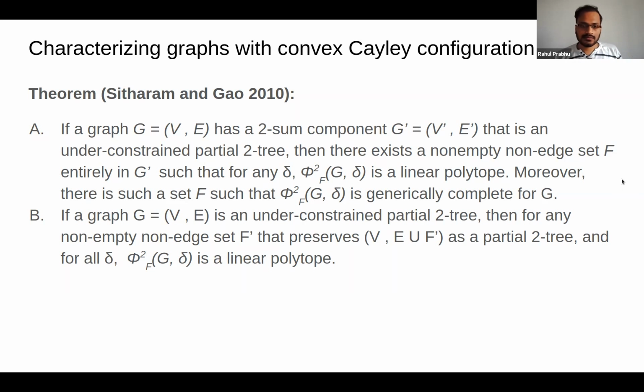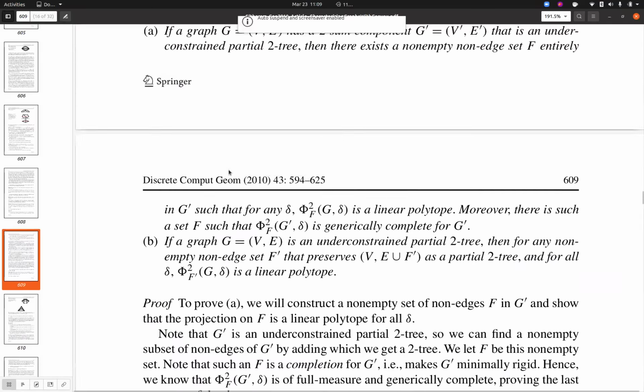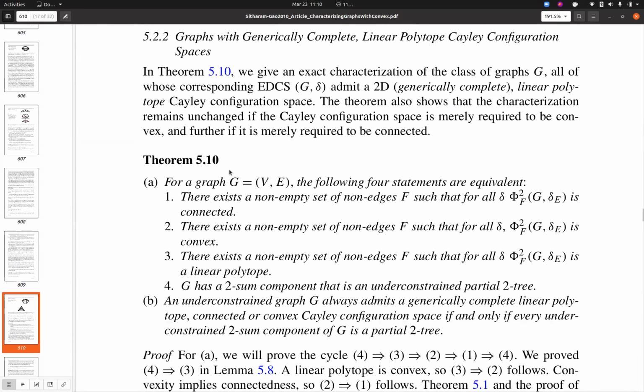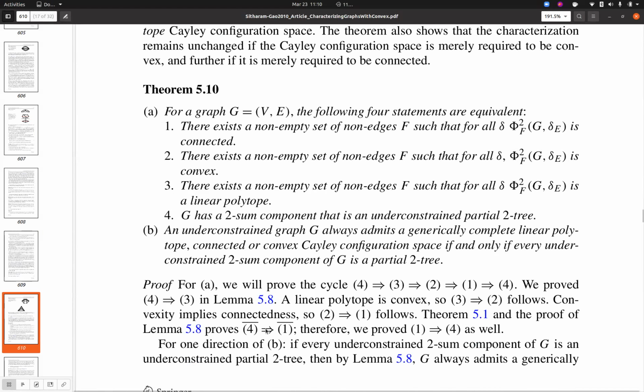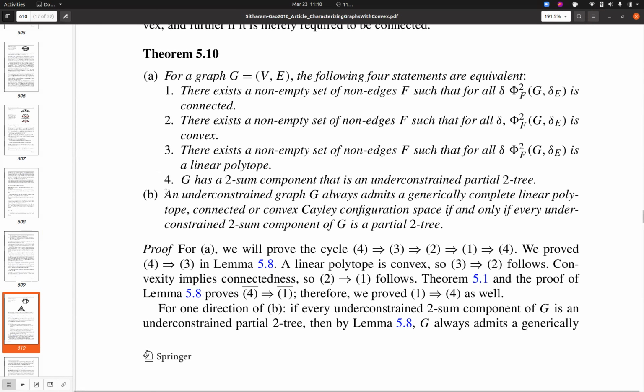Which one? I think it was theorem 5.10 in the paper. These are all ways of proving that theorem along the way. Oh, yeah, item B. Every under-constrained component is a partial 3-tree. That's sort of the key theorem.